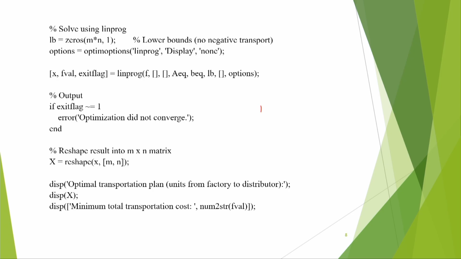There is a function linprog in MATLAB that can be used for solving this problem very easily. As per the syntax of linprog, you give the data, and then you can get the solution, and the transportation model has been solved.